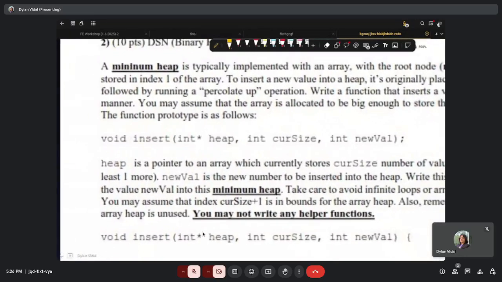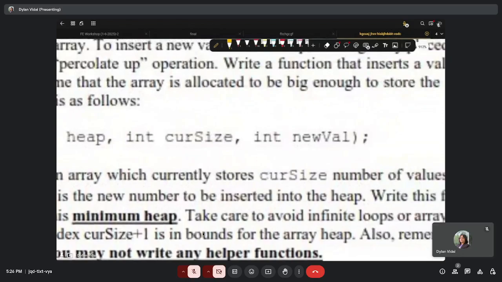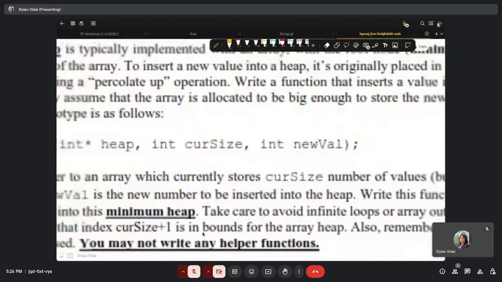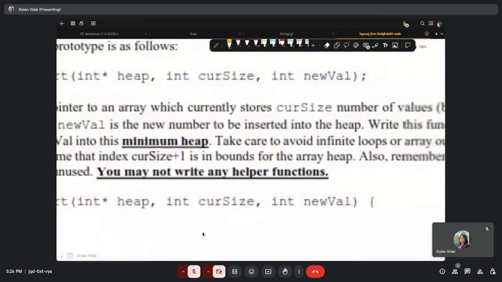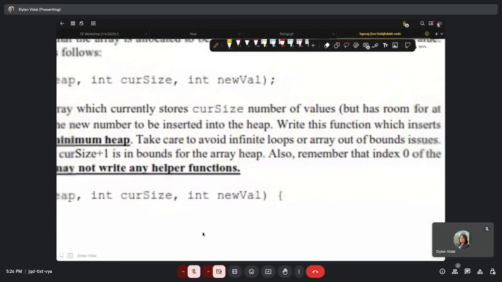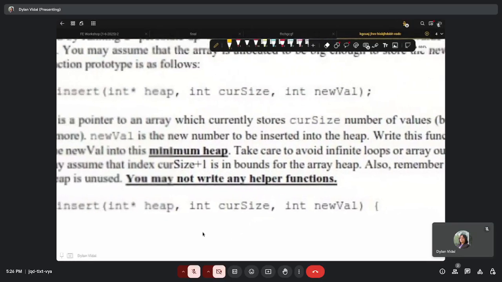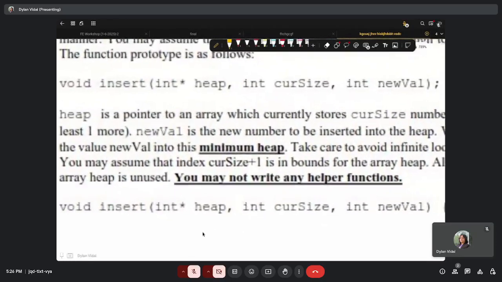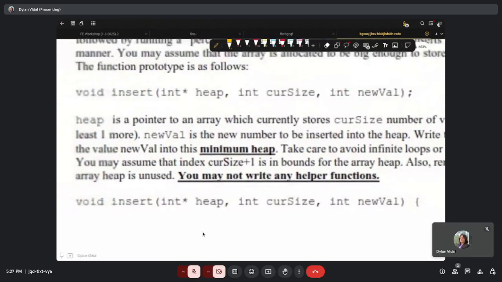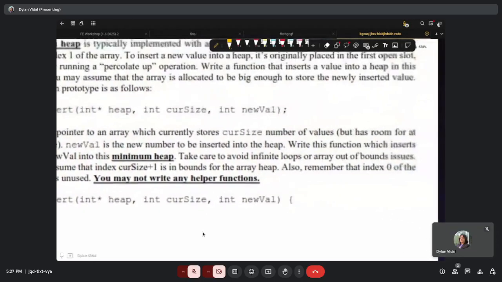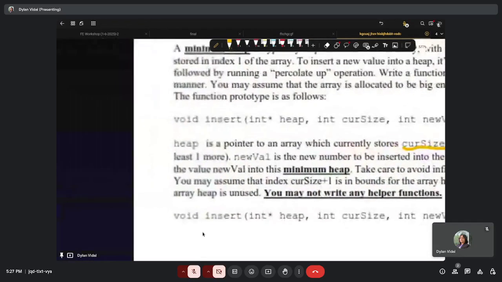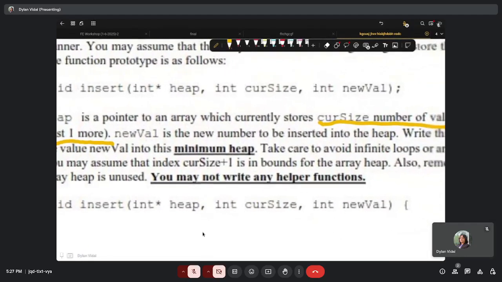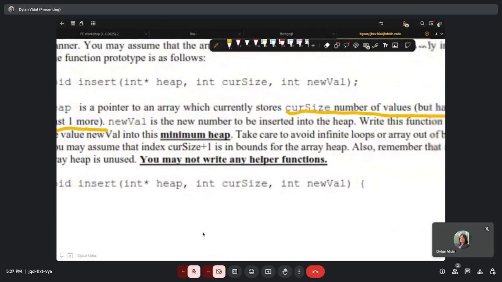Insert, they give us the heap, the current size of the heap, and the new value we want to insert. Heap is a pointer to an array which currently stores cur size number of values, but has room for at least one more. So that's important. Let me highlight that real quick. New val is the new number to be inserted into the heap.